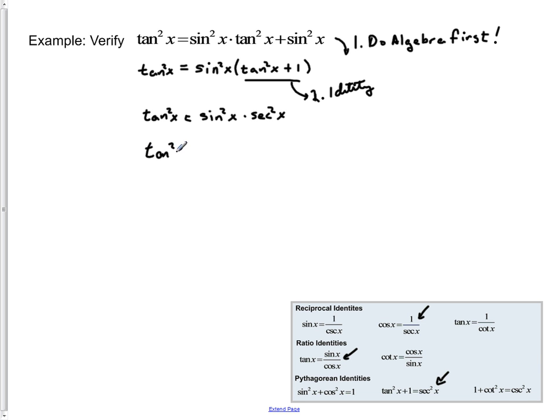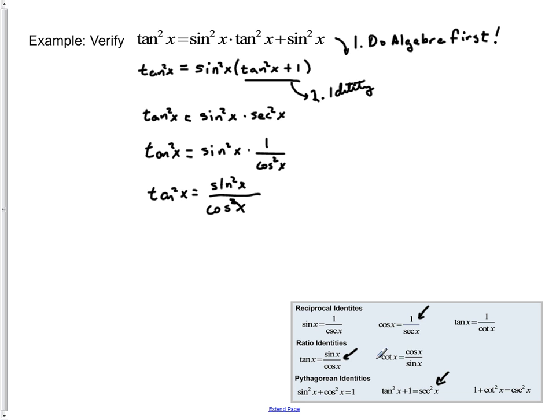Tangent squared x is in fact the same thing as the square of sine of x times 1 over cosine squared x. When we put that together right over here on the right-hand side, look at what happens. Tangent squared x is the same thing as sine squared x over cosine squared x.